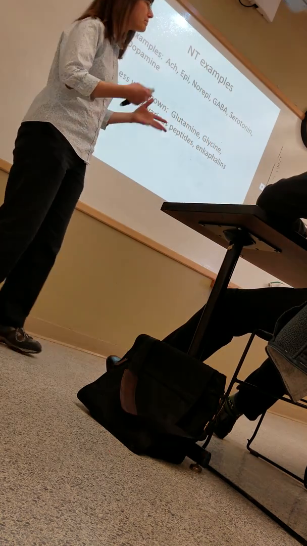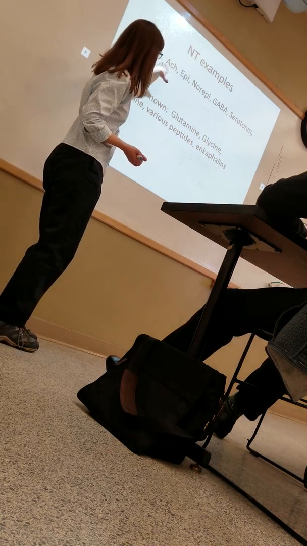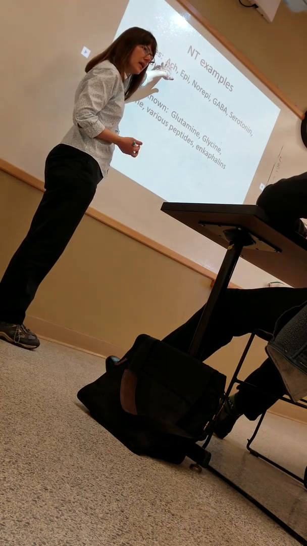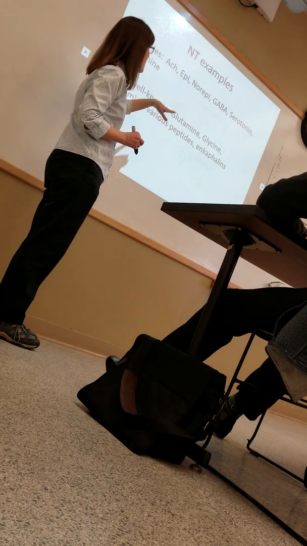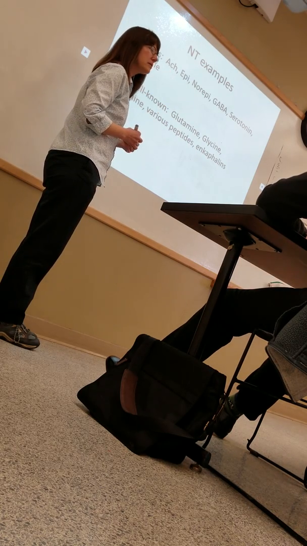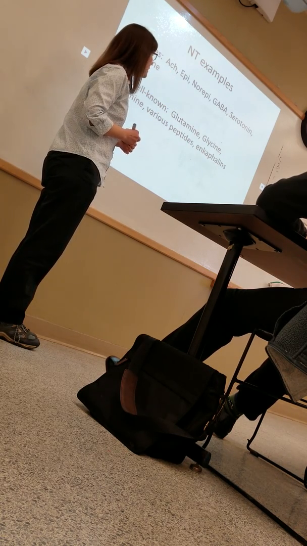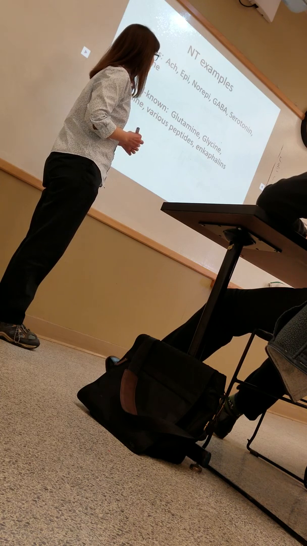So by doing these things, neurotransmitter examples were figured out. A lot of them have little abbreviations. So acetylcholine, great example. Acetylcholine is used in muscle contraction as well as nerve response. Epinephrine tends to be excitatory. Norepinephrine.